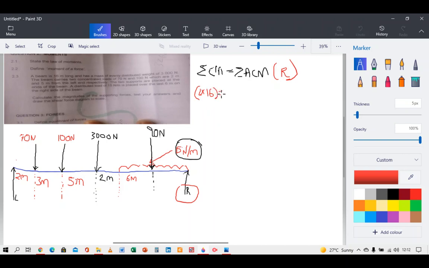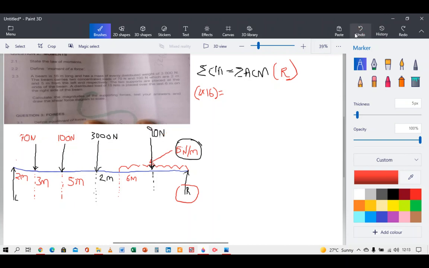So this one is L, by the way, which equals the sum of anti-clockwise. This one is our first one, and this one is the second one, and this one is the third one, and this one is the fourth one, as they work in the anti-clockwise direction, right?